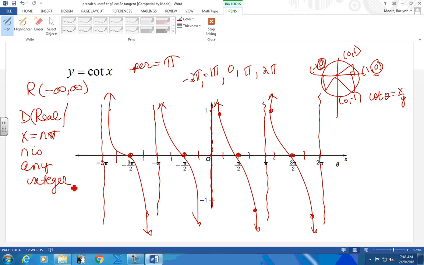Okay, so where's the asymptotes at? N pi. X is n pi, where n is any integer.